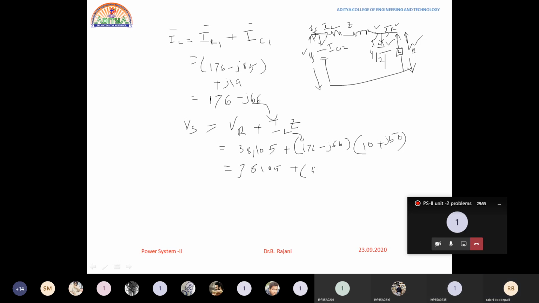On further simplification, the real part and reactive part will be 43165. From one calculator to another, there is a small change in digits.